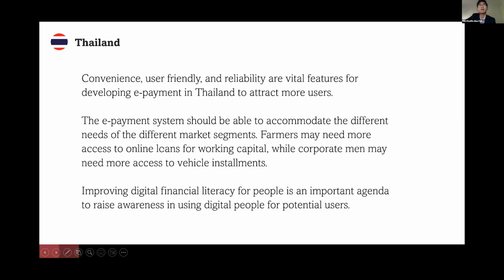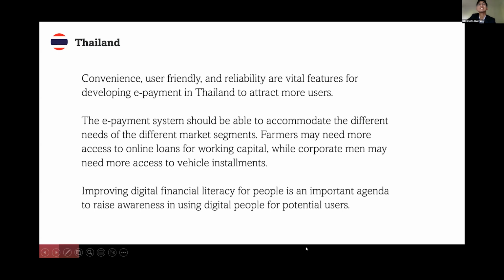And for Thailand, convenience, user-friendliness, and reliability are vital features for developing electronic payment to attract more users. The e-payment system should be able to accommodate the different needs of different market segments. For example, farmers may need more access to online loans for working capital, while corporate workers may need more access to vehicle installments and insurance, and so on.